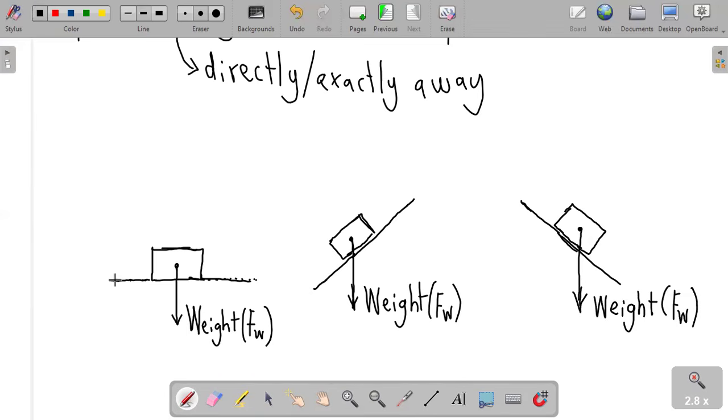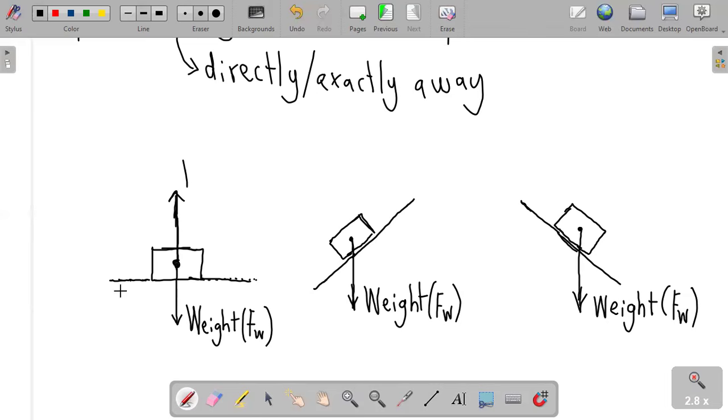In this case, the surface is horizontal. If you have a horizontal surface like this, the normal force is acting upwards like that.